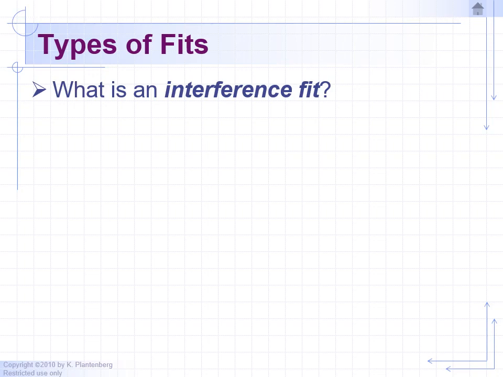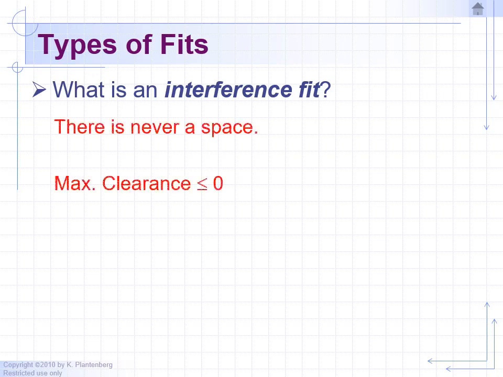It's the opposite of clearance. It's when you'll never have a space. So in this case, when the machine shop makes a bucket of, let's say, dowel pins or shafts made out of steel and blocks made out of aluminum with holes, you're always guaranteeing that the hole is always smaller.